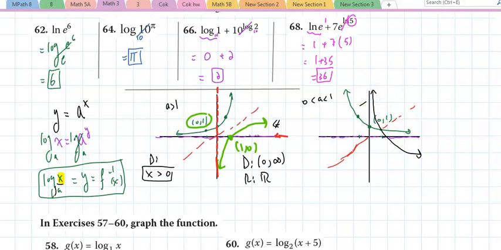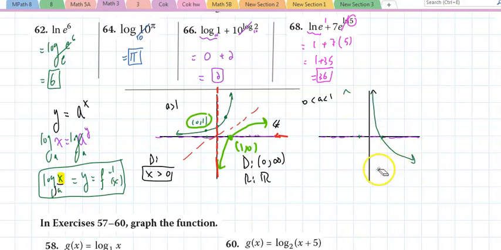So, an easier way, you really should look at this graph here. So this reflection kind of helps. The main points are, if the base is bigger than 1, the graph looks like this. If the base is between 0 and 1, you just flip that, so it looks like this.